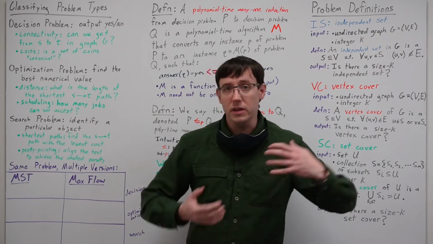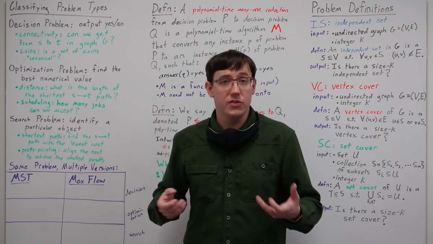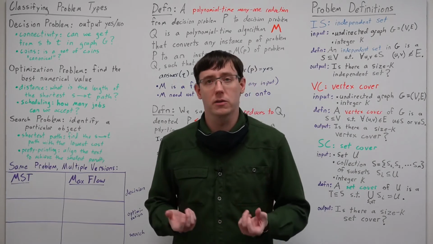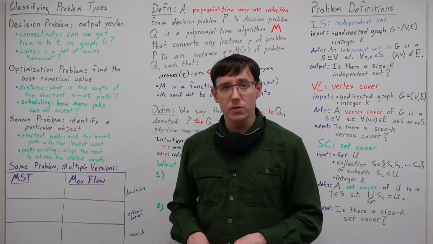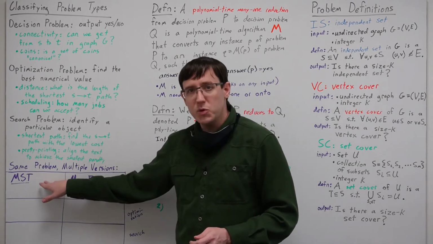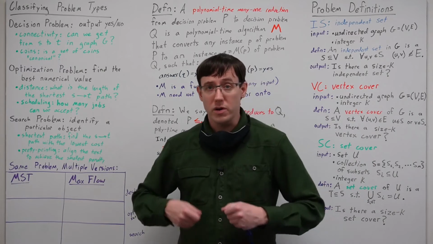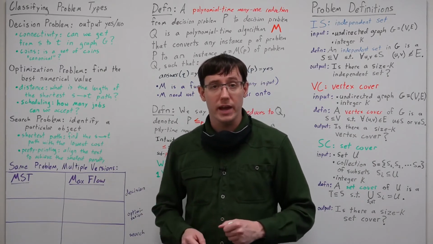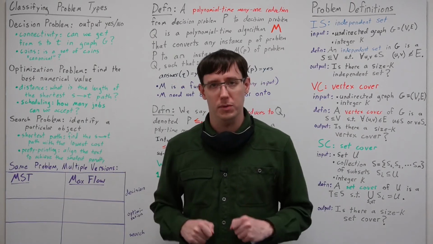And so often the decision or optimization or search formulations of the same problem are very closely related. But let's also think about some specific examples, and for the minimum spanning tree and max flow problems, think about what it would mean to formulate those as a decision or optimization or search problem.